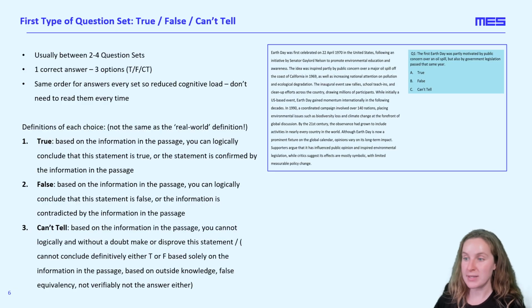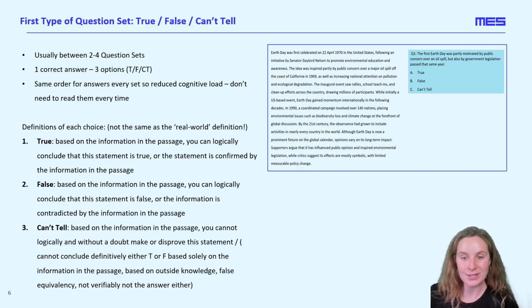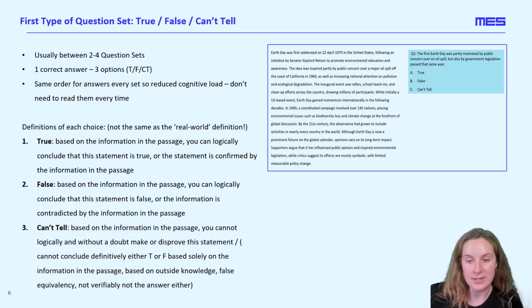So true means that based on the information in the passage, you can logically conclude that this statement is true, or that the statement is confirmed. So notice, confirmed. It has to be absolutely clear that the information in the passage is indicating clearly that this statement is true. For false, this is based on the information in the passage. You can logically conclude that this statement is false.